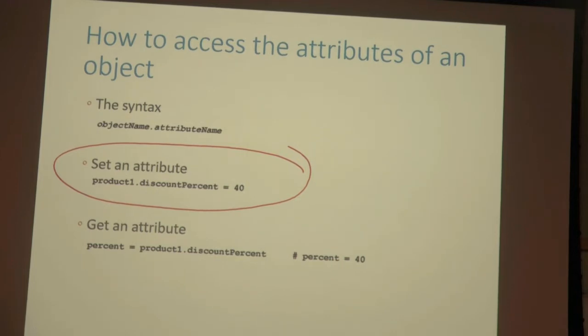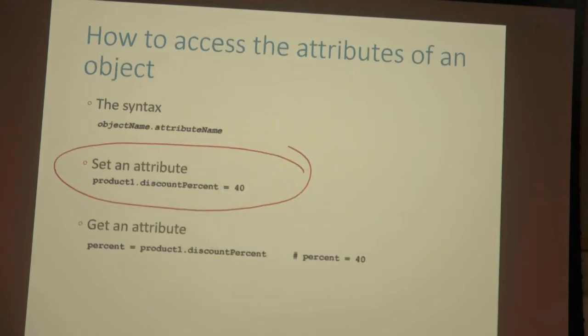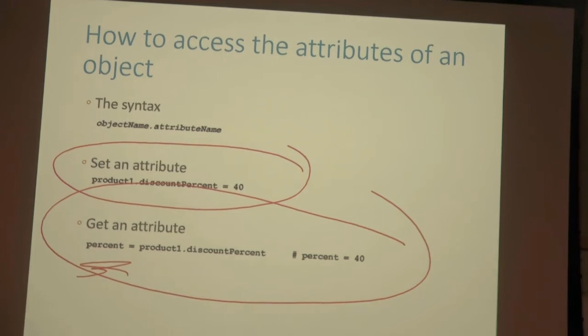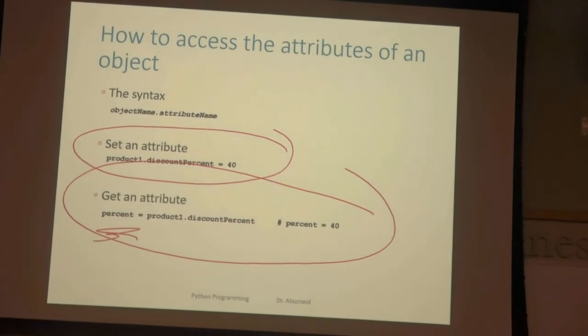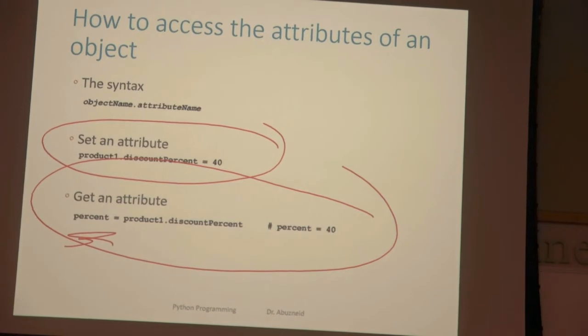When I created it, it was 62. Now I'm changing it to 40 percent. And here, product one dot discount percentage, I'm reading it and saving it to a value. So for the attributes, I could set them, which means change a value, and I could read them, for whatever I want.